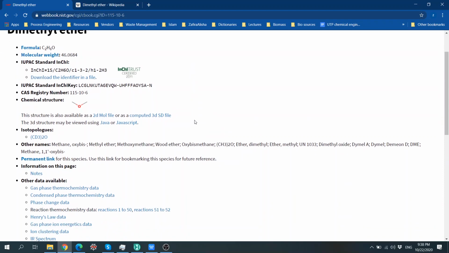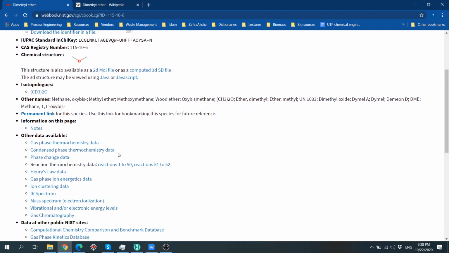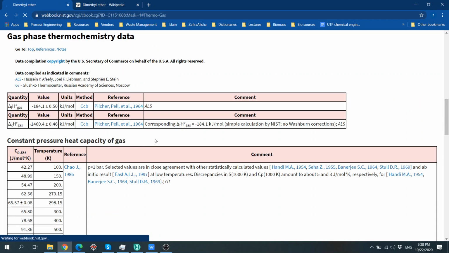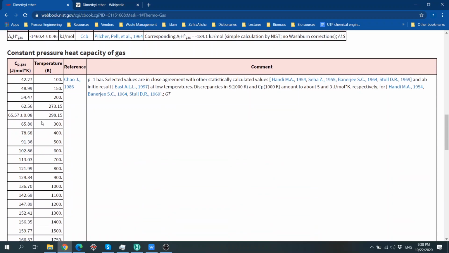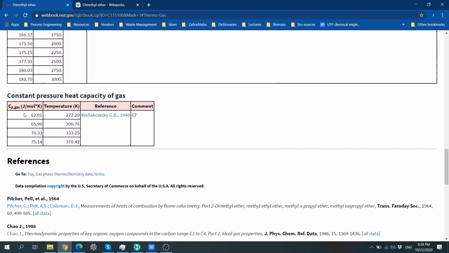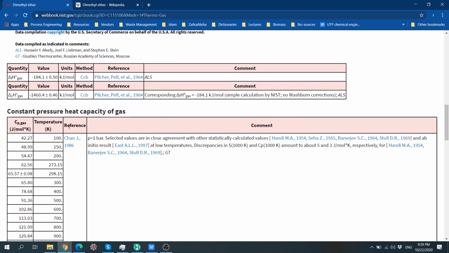If you want to see the gas phase data, you can just click, and it gives us this gas phase data: the enthalpy of formation of the gas, the combustion of the gas, and the Cp as a function of temperature.